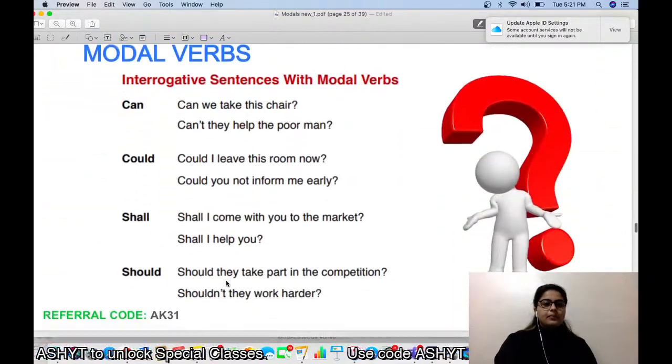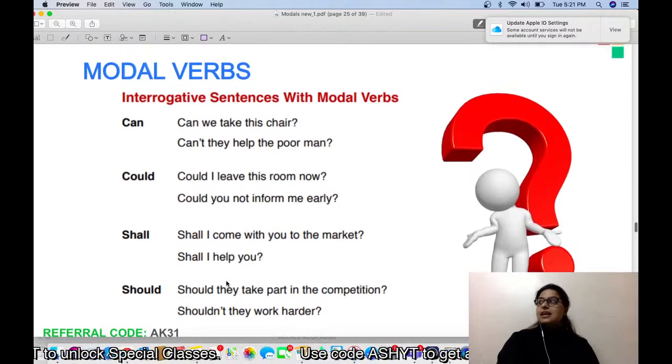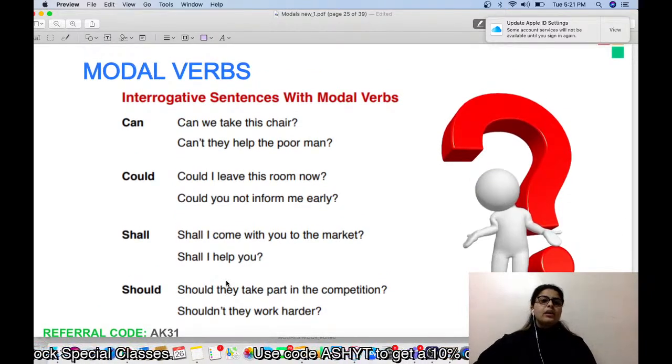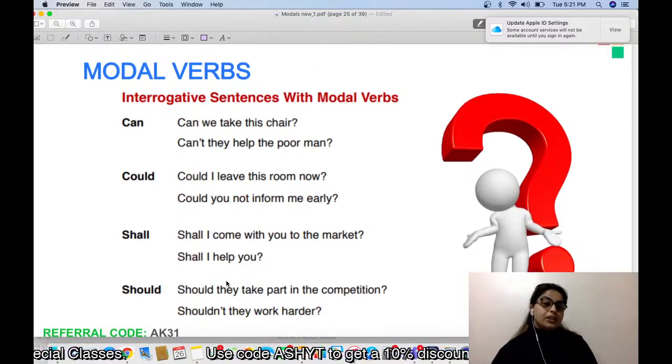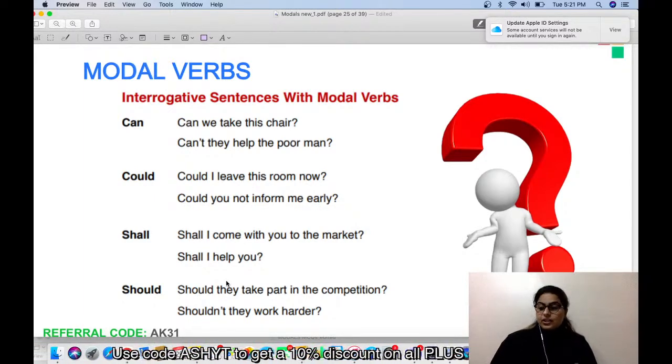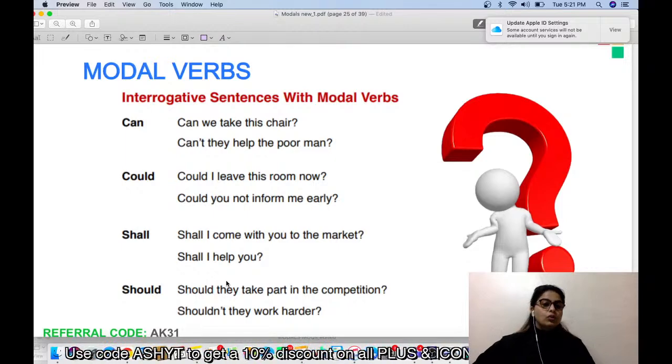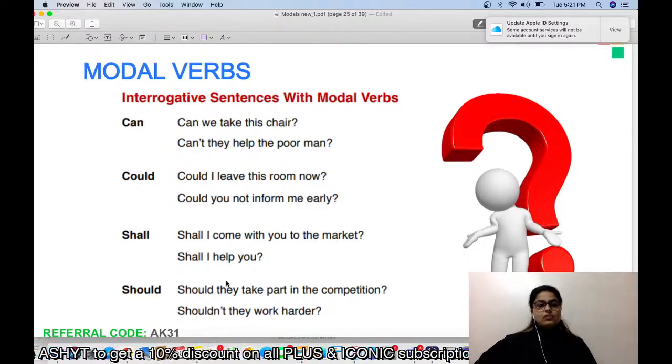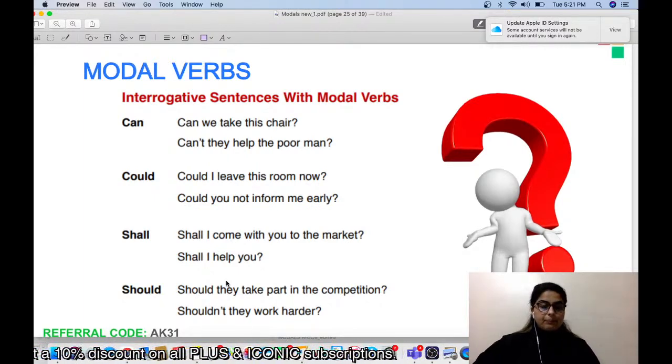Okay, moving ahead. These are all sentences we can use when we are questioning. So these are the modal verbs wherein we are questioning. Like you can see can or could or shall or should. And all of these sentences on the screen, ladies and gentlemen, are interrogative sentences. Like you can see, can we take this chair?